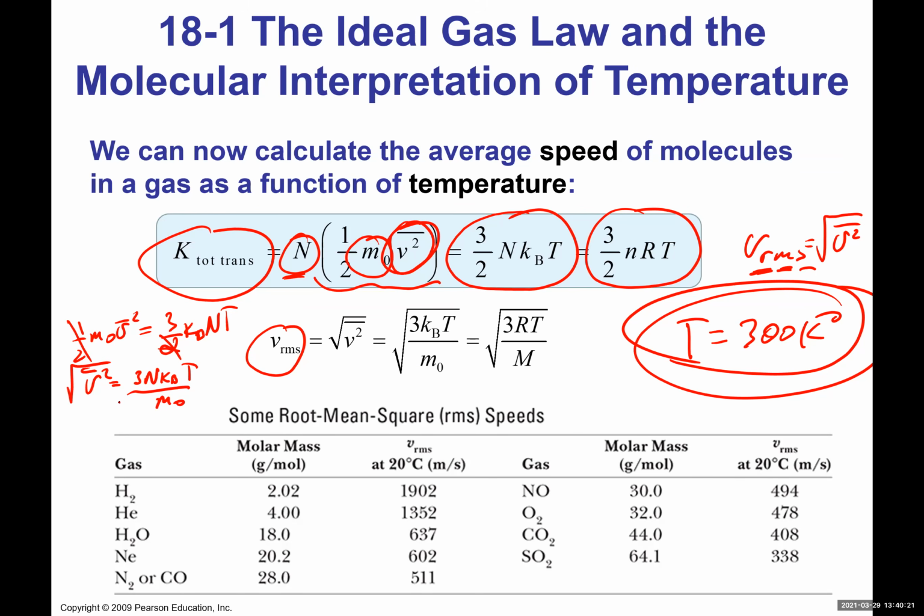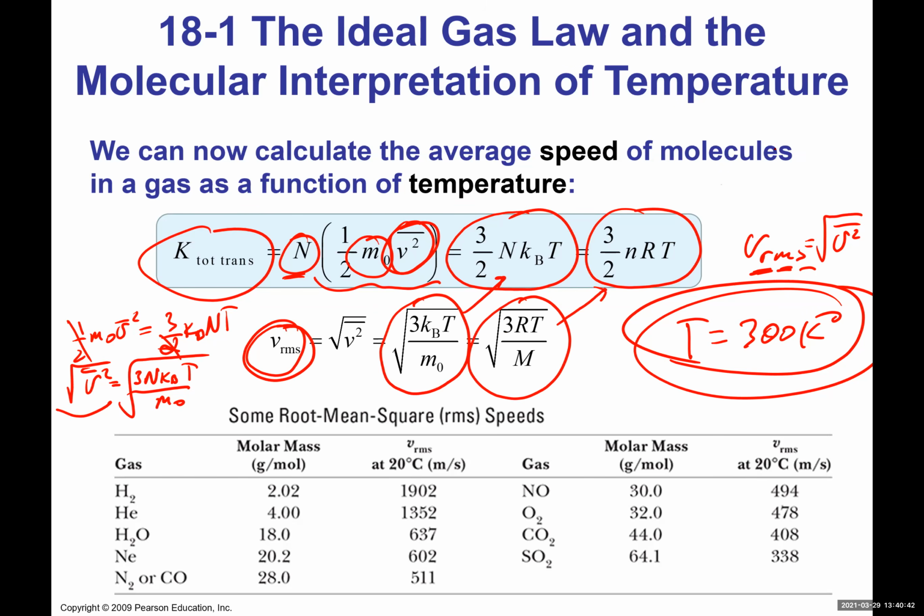Then take the square root of both sides. The square root of v average squared on the left side is what we call the RMS speed. So that's why we have two equations for RMS speed, one using that equation and another using this equation.